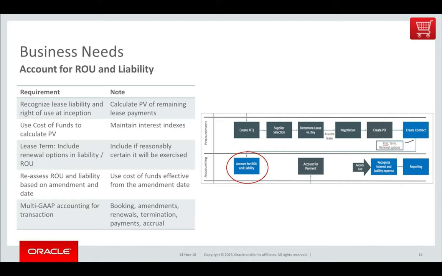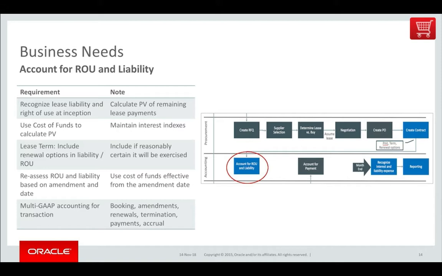So as I create my contract, I have to then start accounting for it. The first piece is, I've got to create that ROU and liability, which is based off your PV, and use your cost of funds rate. So you've got to be able to capture cost of funds and be able to use that. And then you have to calculate your PV of remaining payments. You've got to determine your lease term.